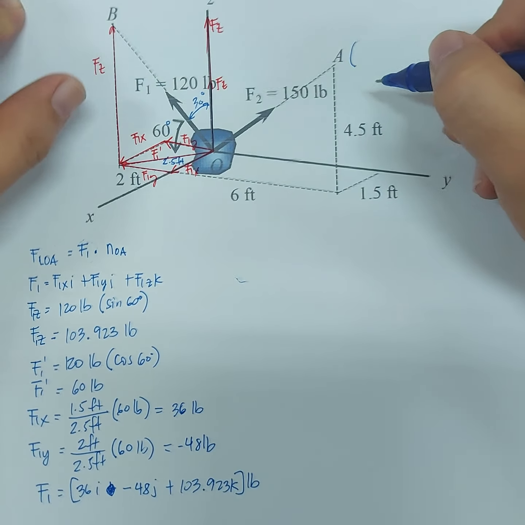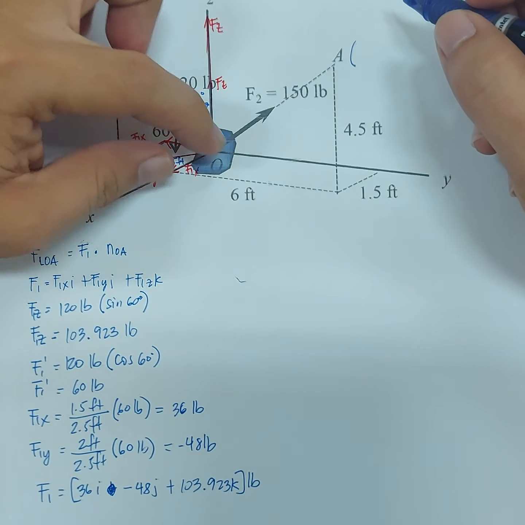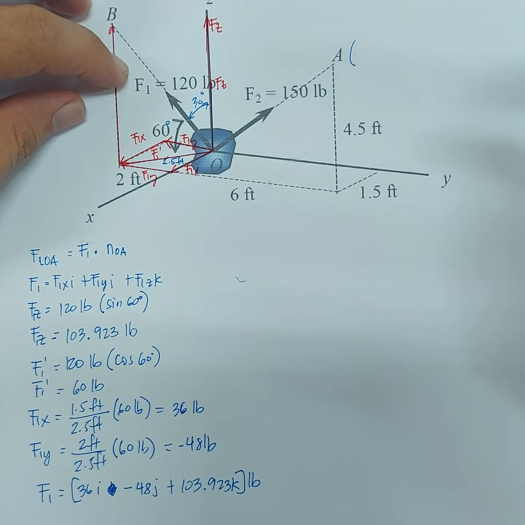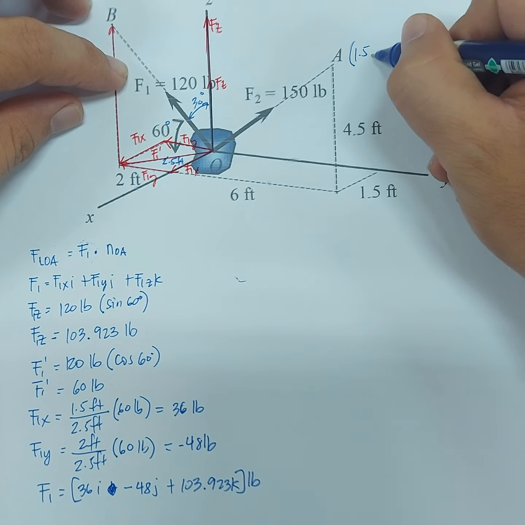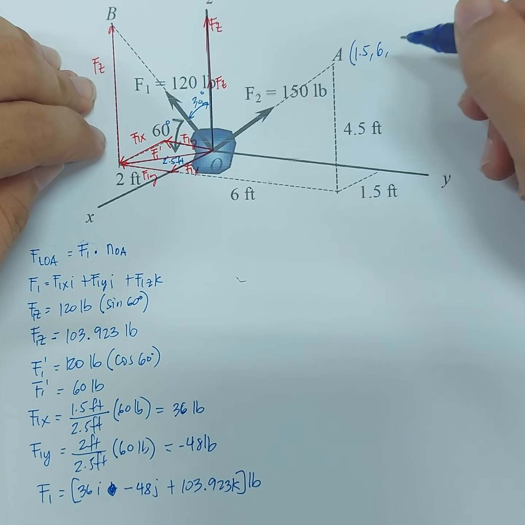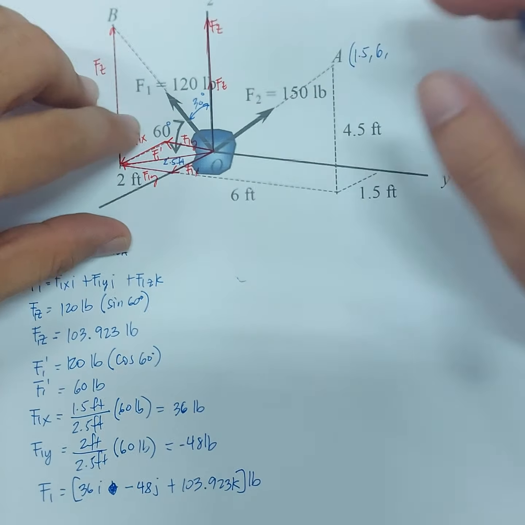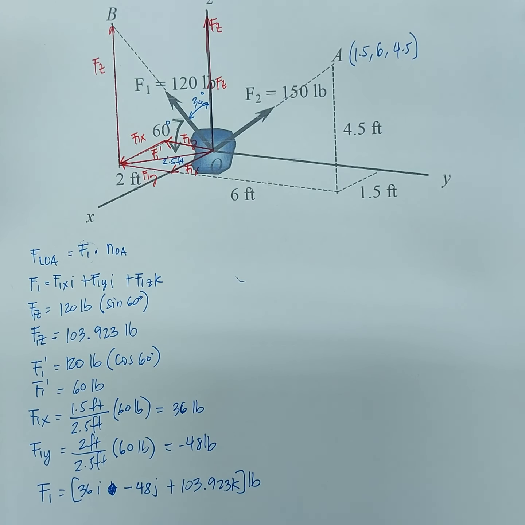So x coordinate of point A is 1.5. Y coordinate is 6. And the z coordinate is 4.5. Okay?